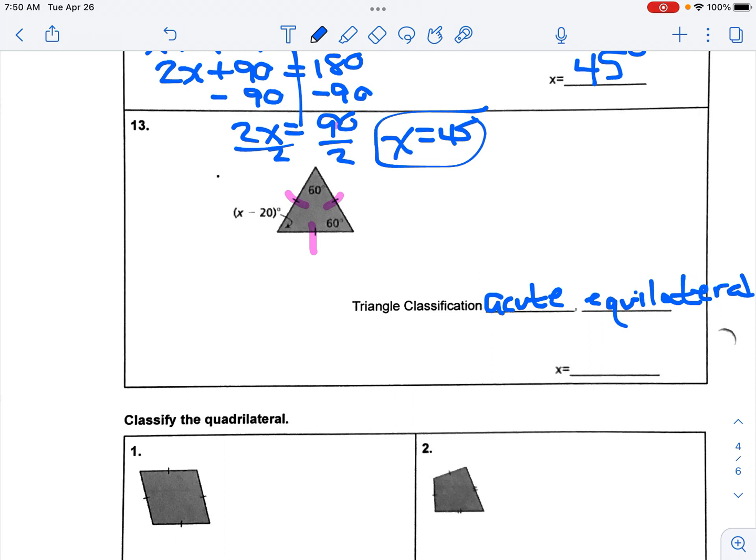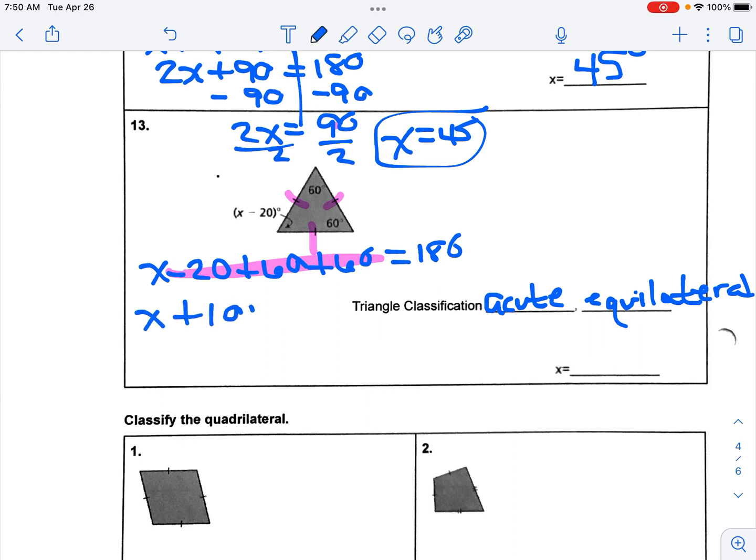All right, so I have x minus 20 plus 60 plus 60 equals 180. So I'm going to combine all of these terms. Well, 60 and 60 is 120, and 120 minus 20 is 100.